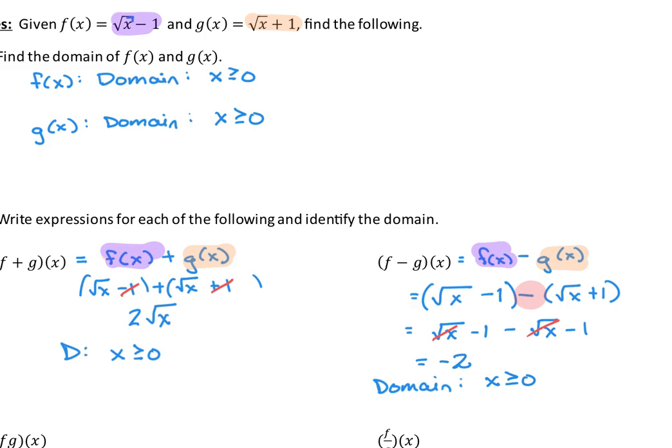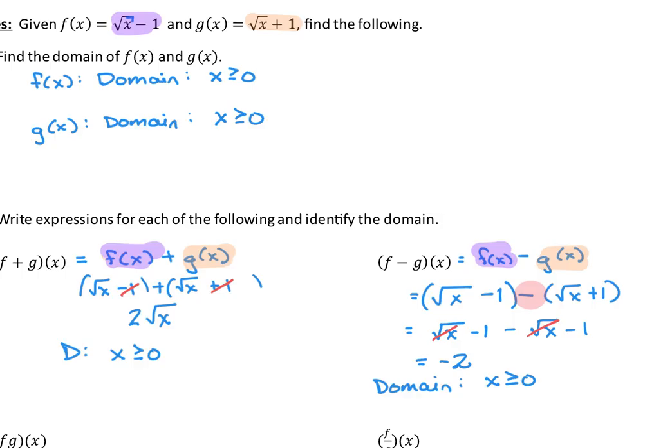If we type in, similar to when we talked about the holes the other day, when we plug in the original function, not the simplified function, and if you go to your table and try to check it, it's going to tell you that there's an error whenever x is less than 0. And so we do still have the same domain restrictions when we subtract as we do with the original functions.